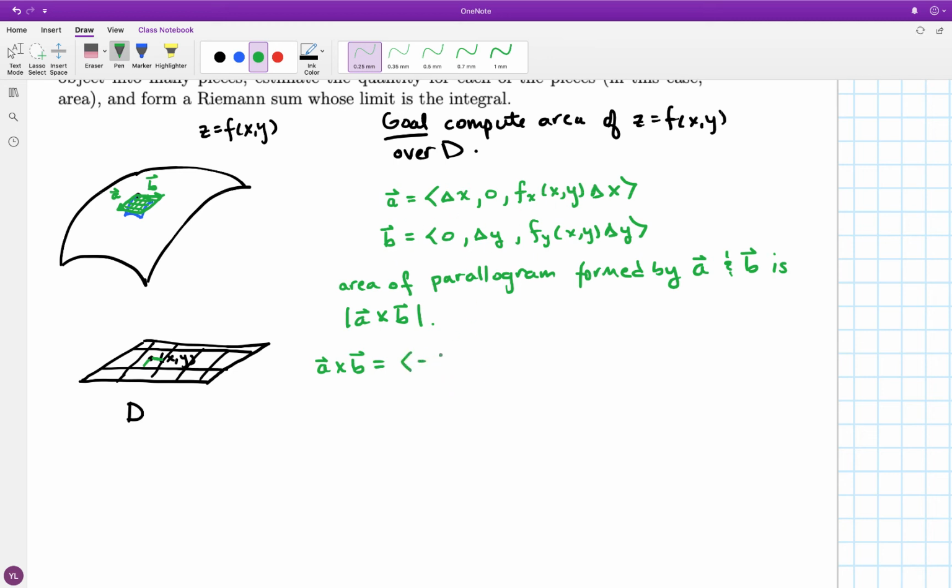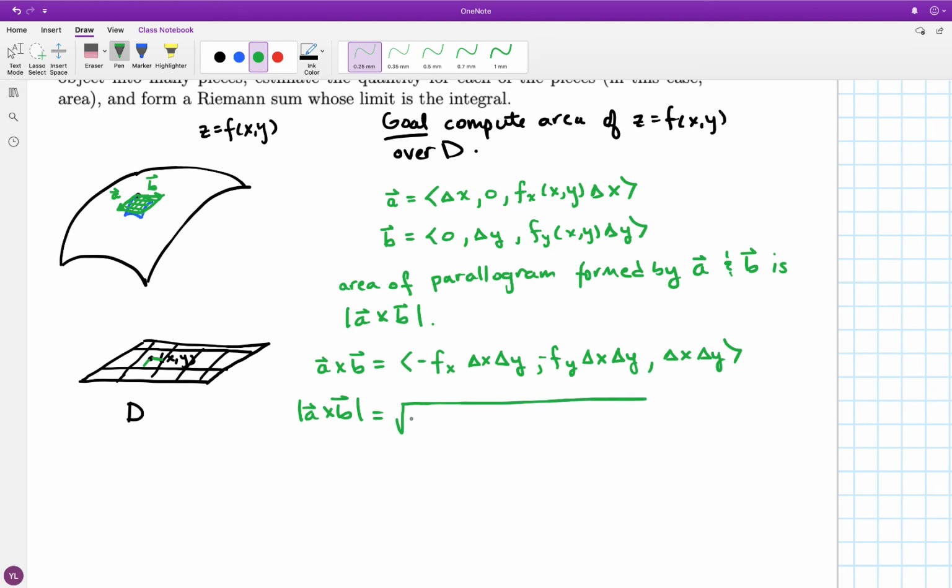And here I'm just dropping the inputs of f sub x and f sub y for convenience. And this is the cross product vector that I get. So with that cross product vector, I'm going to compute the magnitude of it and understand that that ends up being the area of this little green parallelogram that I'm using to estimate one of the pieces of the surface.